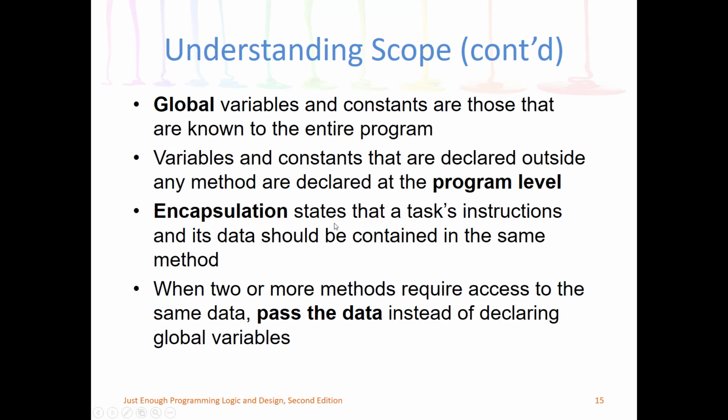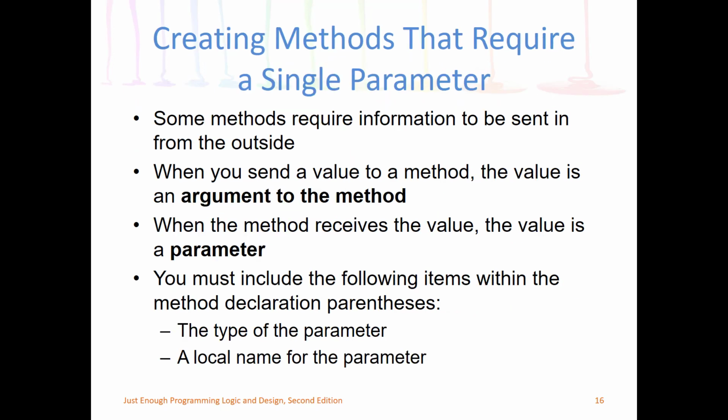So encapsulation states that a task's instructions and its data should be contained in the same method. So in order to do that, to keep encapsulation as the rule in a program, you have to actually pass these data elements from one place to another, all right? That's how that works, and I'll show you that in just a minute. So methods or functions or whatever have arguments, right?